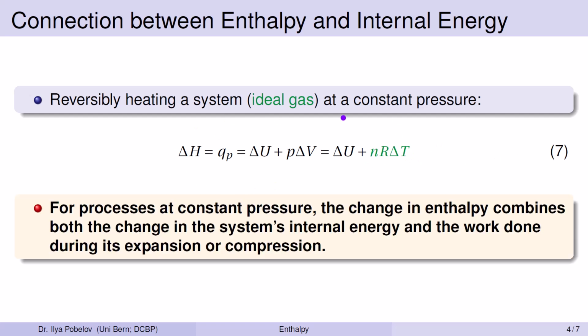This example can be generalized as follows. For processes at constant pressure, the change in enthalpy combines both the change in the system's internal energy and the work done during its expansion or compression.